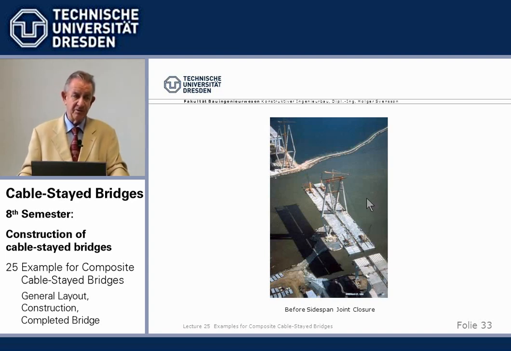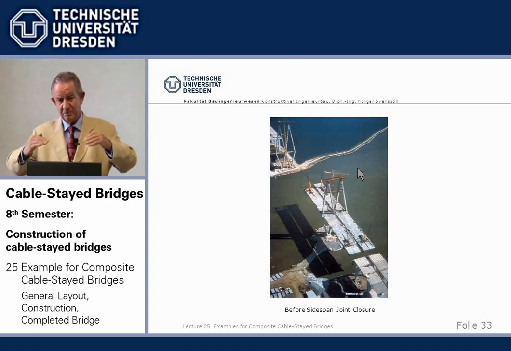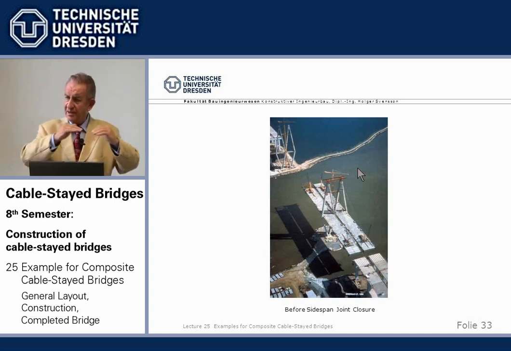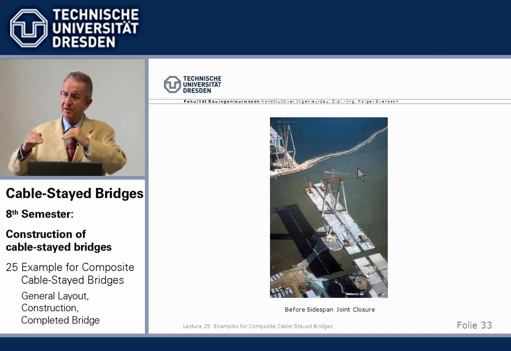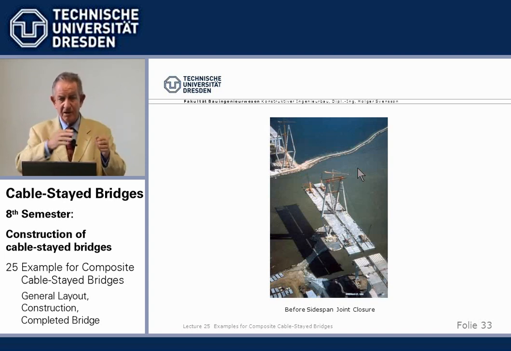But one reason why we built it in parallel was that aerodynamic investigation, especially wind tunnel testing, showed that when we have two beams side by side, the two beams are more stable than any single beam, which has to do with some energy transfer from the forward to the backward beam, which dissipates energy.